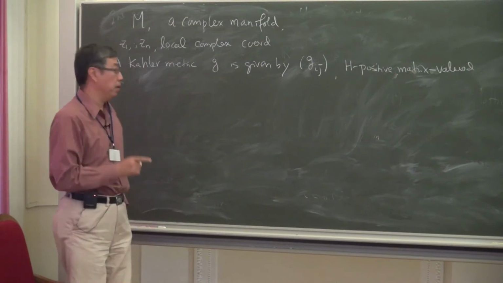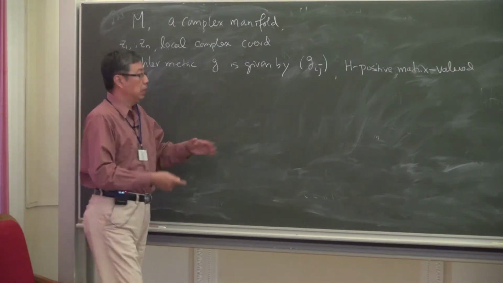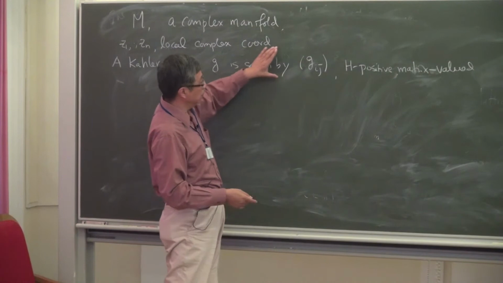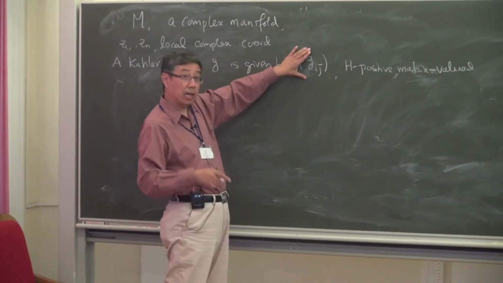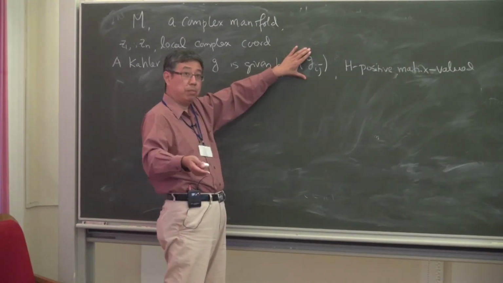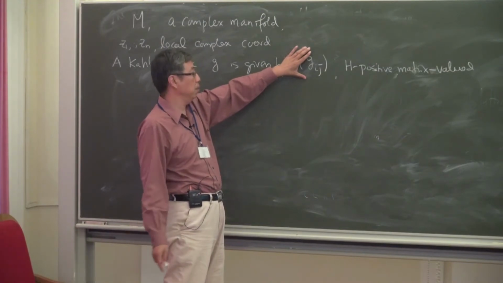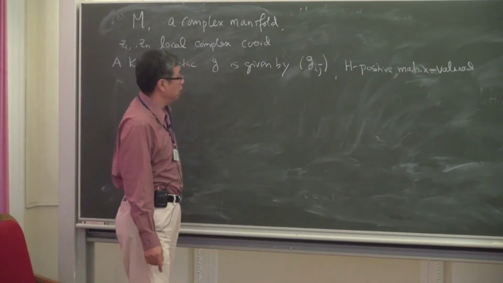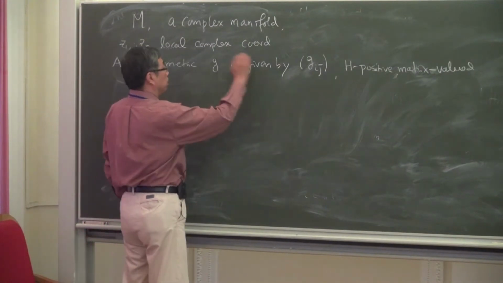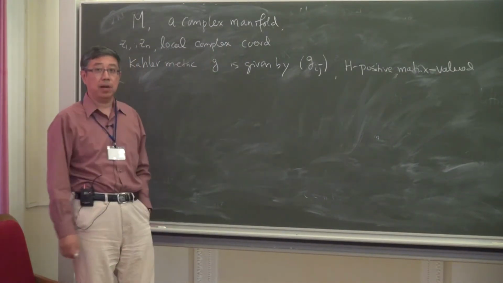It's just a Hermitian manifold. We discuss this kind of metric in contrast to the real Riemannian metrics discussed by John last time, because we want to make use of complex structures.